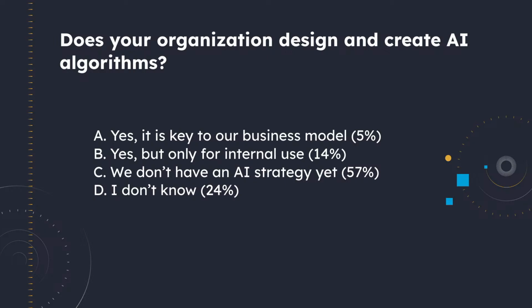Again, the newness of it definitely speaks to that. 57% of you say we don't have an AI strategy yet, and that may be something to consider, especially in the spirit of governance. And then 24% are something else. My suggestion, my recommendation to you, like it has been in the past, is to think about it and perhaps reach out to the stakeholders in your organization to see what may be necessary to be done there.